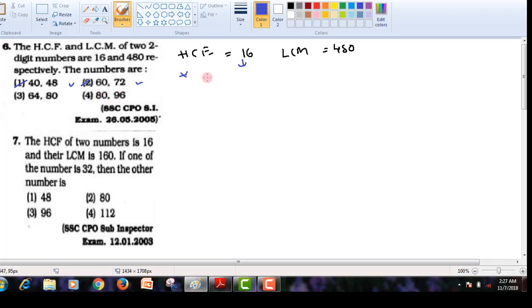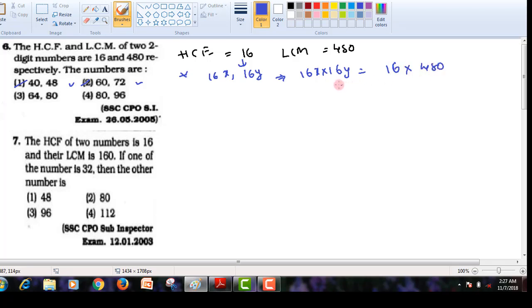Let us see our options and the answer. The required numbers must be multiples of 16. So by using this concept, we suppose the two required numbers are 16x and 16y, and we know that the product of these two numbers must be equal to the product of their LCM and HCF.